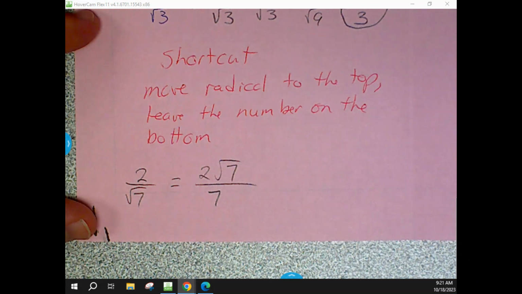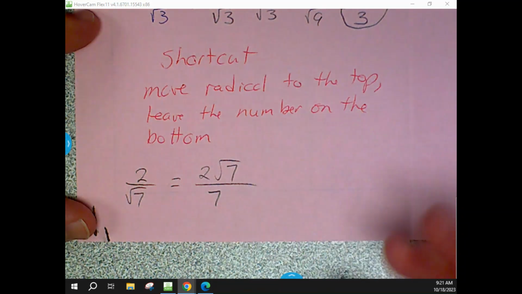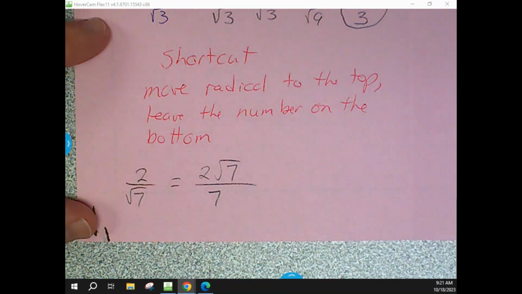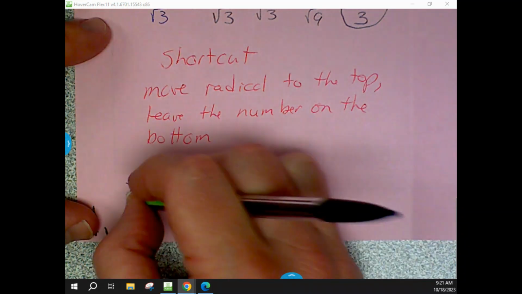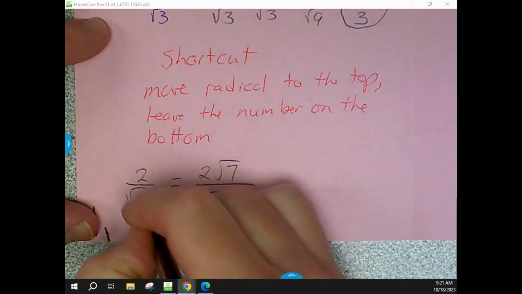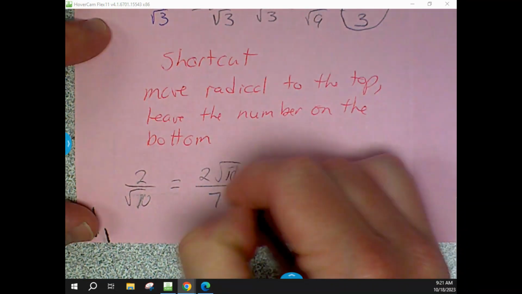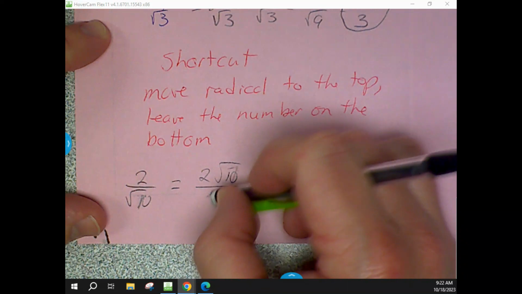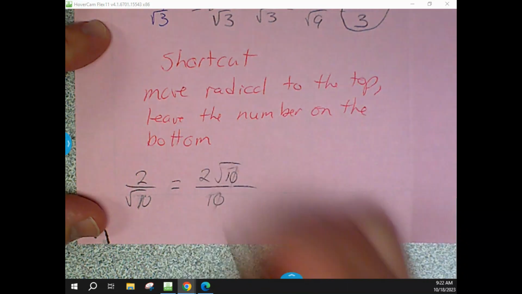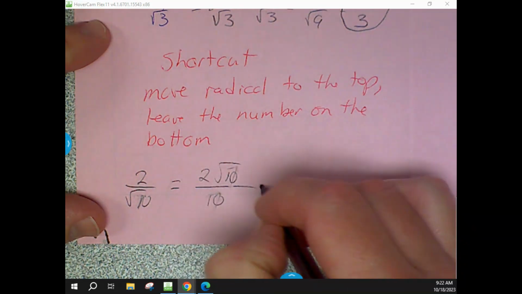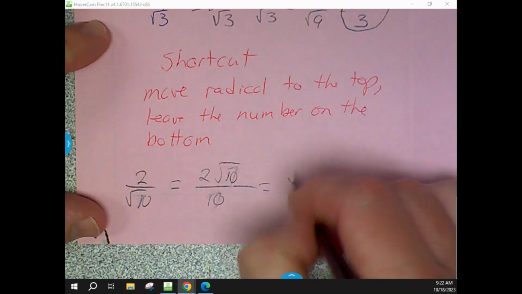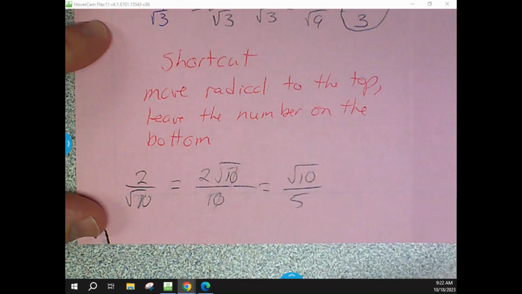Right, now, if you happen to have something you could simplify, let's say instead of being 7, this thing had been 10. You can leave it that way if you want to. But let's just do a what if this part was 10. If you wind up getting something you can simplify, like if you've got 2 over 10, then you can go ahead and cancel that part and make it square root of 10 over 5.